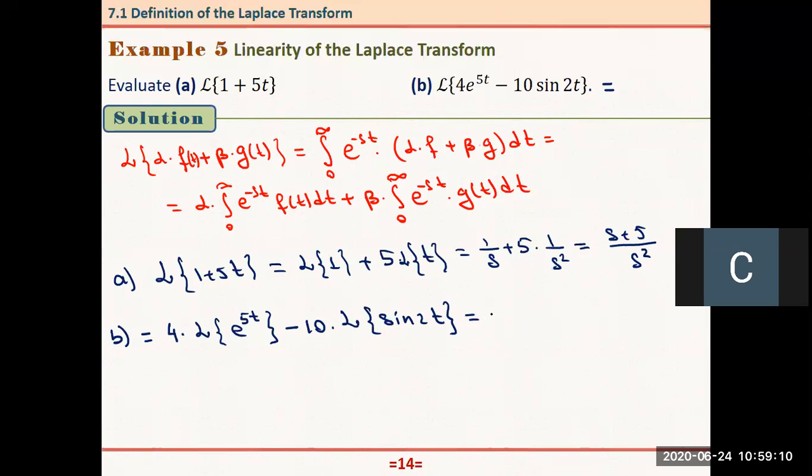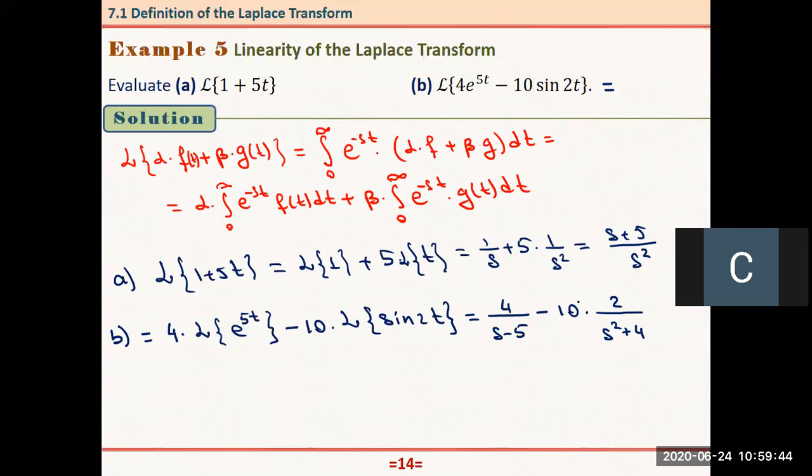What is the Laplace transform of e to the power 5t? That is 1 over s minus 5, because here a is 5. So we have 4 over s minus 5, minus 10 times the Laplace transform of sine of 2t, which is k over s squared plus k squared, with k equal to 2, that is 2 over s squared plus 4. Or I can write it as 20 over this, and you can simplify.